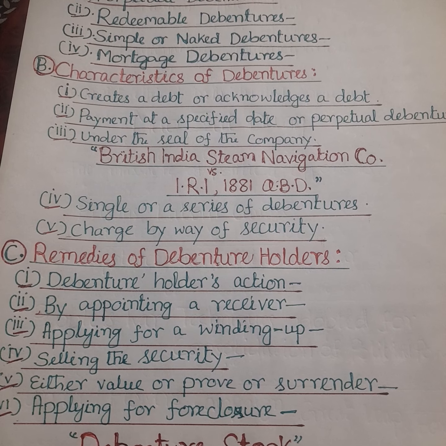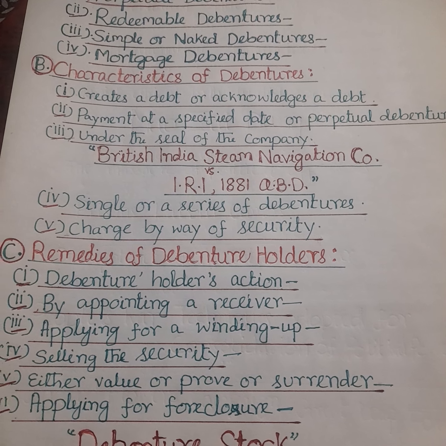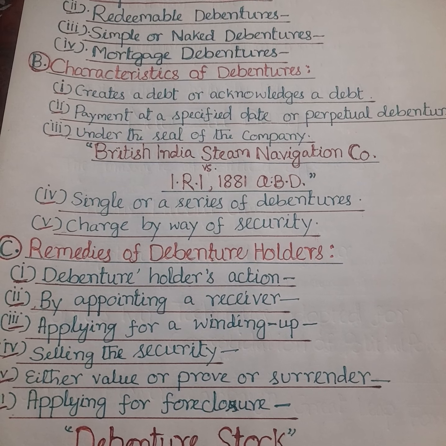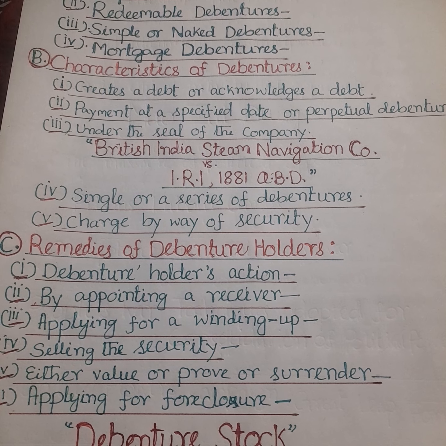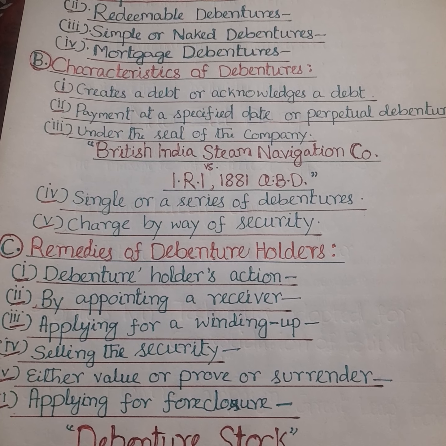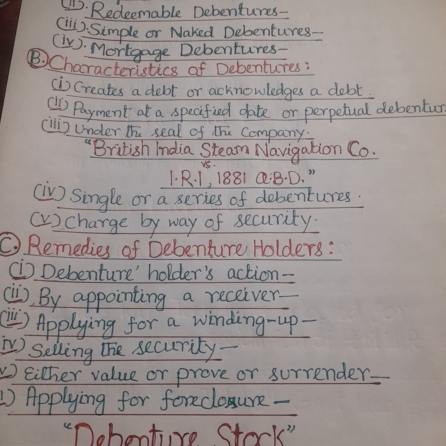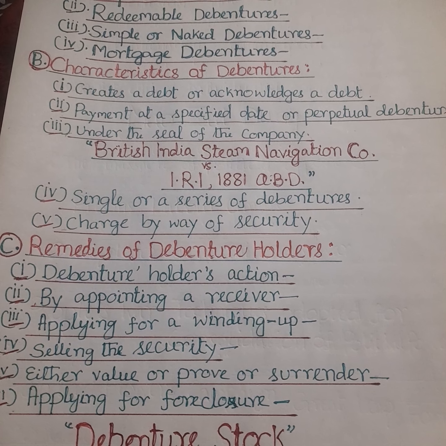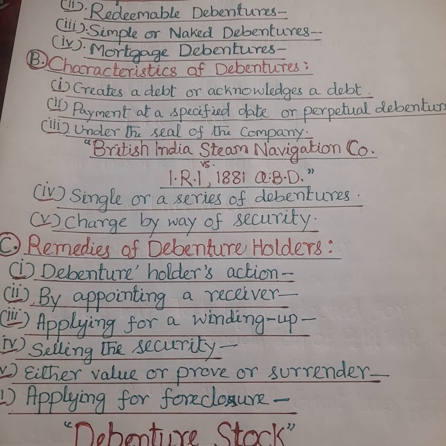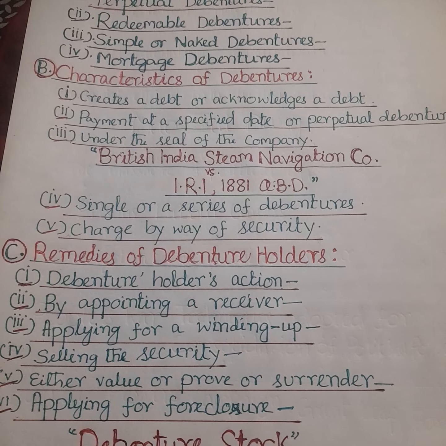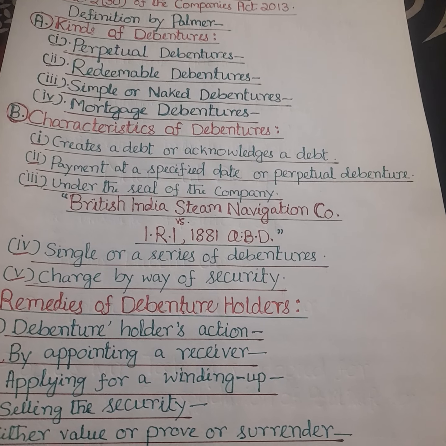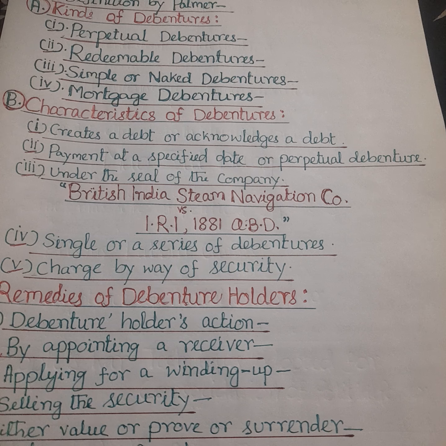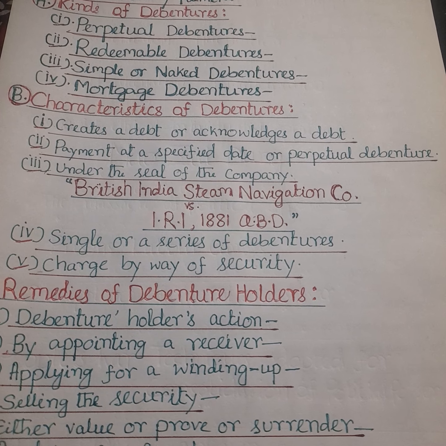Now we'll go to the third one, that is simple or naked debentures, or debentures without any security as to payment of interest or repayment of principal. And finally, we will go to the fourth kind of debenture, that is the mortgage debentures.